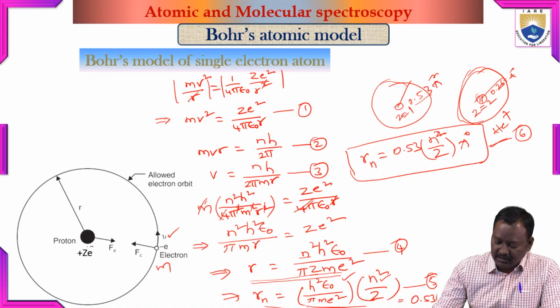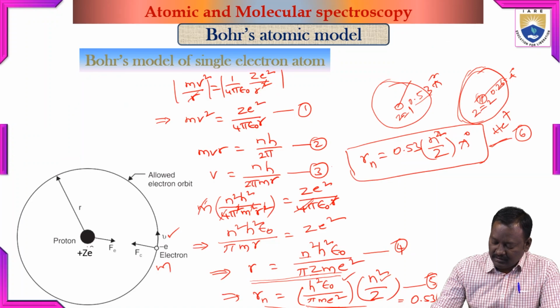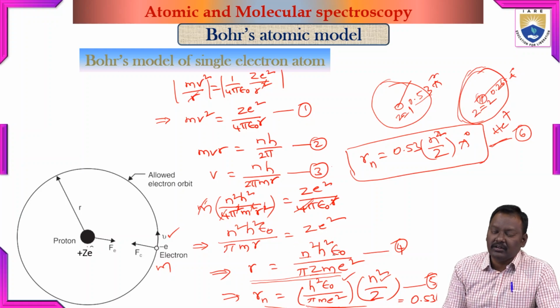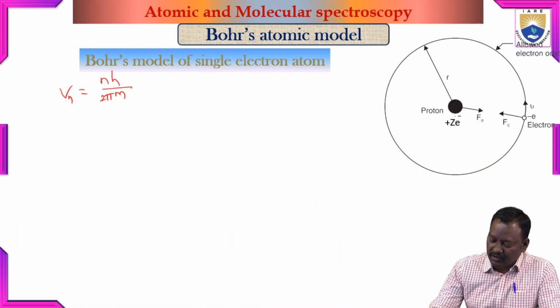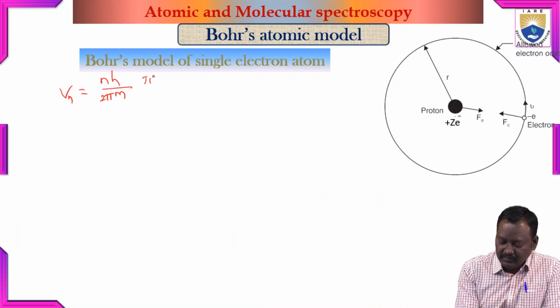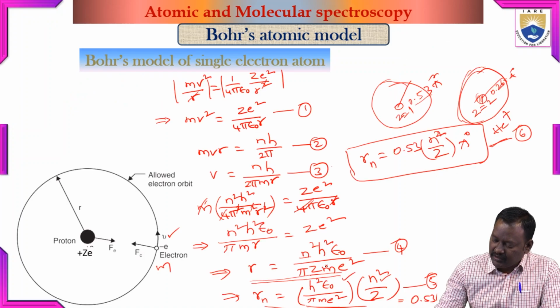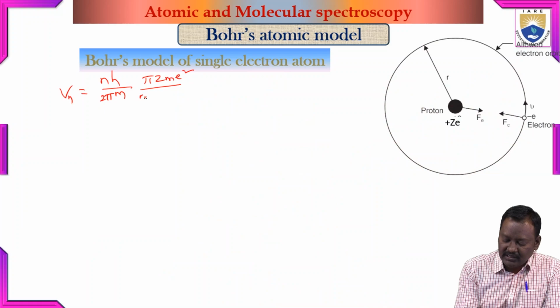So this value goes up and this value comes into the denominator: pi z mu square by n square h square epsilon naught.